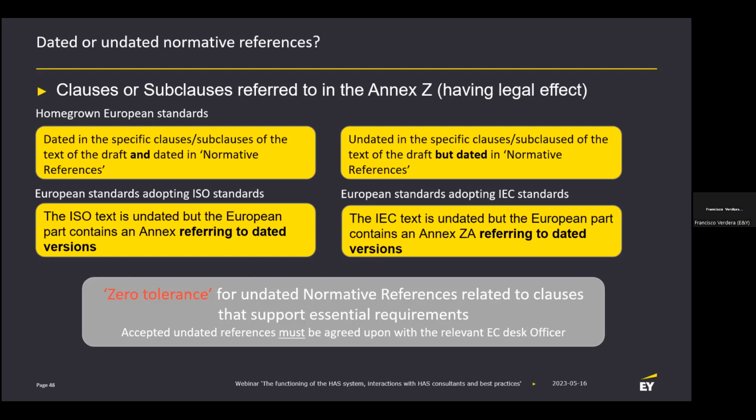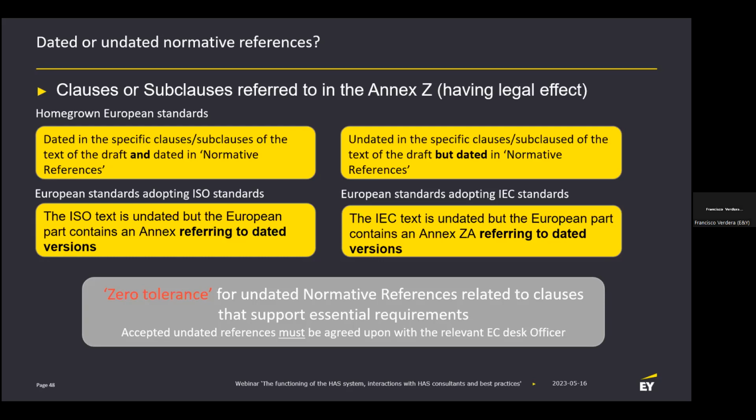So in this case, for us, it's perfectly fine, because then the user of the standard, whoever he is, could be industry or, as I said before, even a testing house or a notified body or a market surveillance authority, knows which version of the standard has to be used, since it is clearly indicated in the annex.